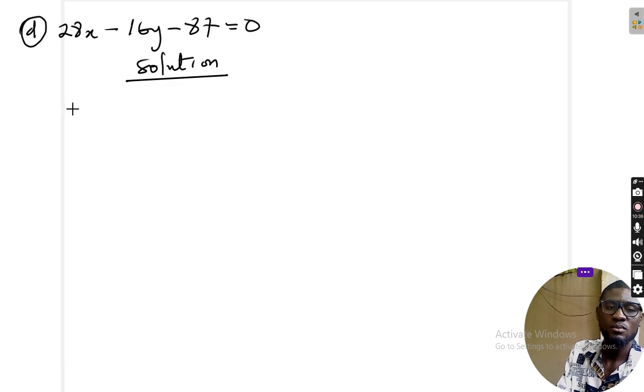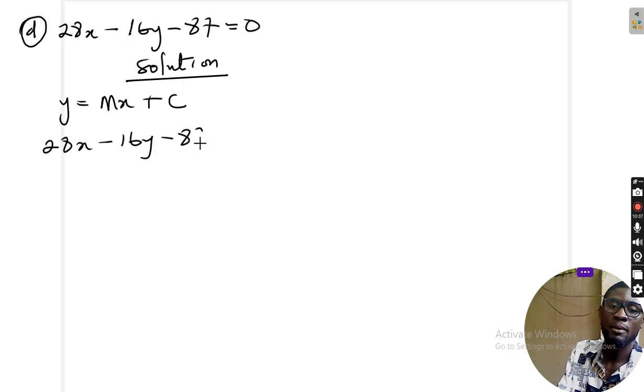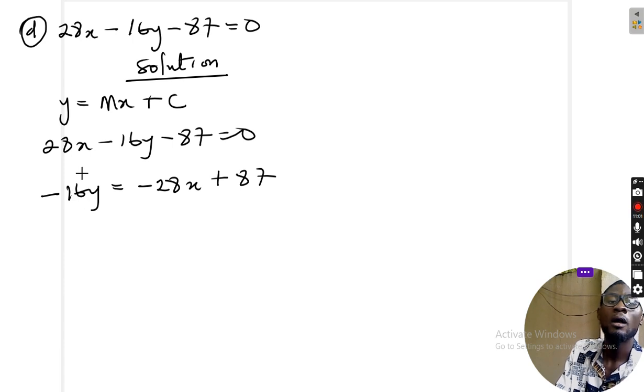Since y equals mx plus c, then 28x minus 16y minus 87 equals 0 becomes minus 16y equals minus 28x plus 87. So minus 16y remains at this side, and then 28x moves to the right hand side, so it becomes minus 28x. Minus 87 moves to the right hand side, becomes plus 87.